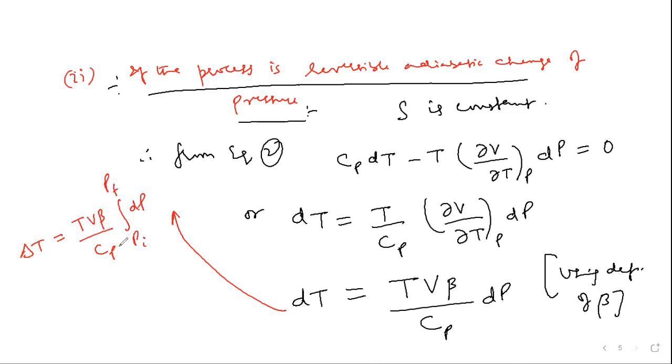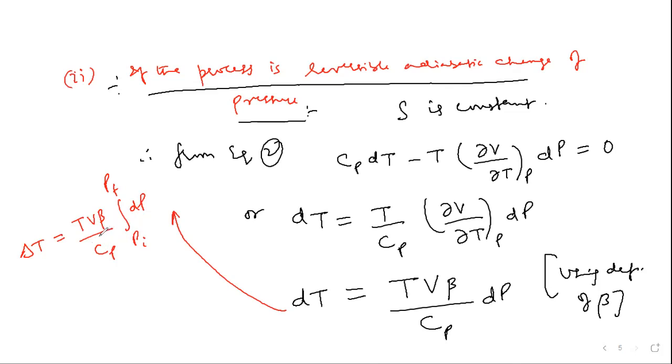We assume T is constant because, sorry, what we're doing, I said the process is a reversible adiabatic change of pressure. So if we increase pressure in a solid or a liquid, it produces only a small change in temperature. So we assume T is constant, and Cp also changes very insignificantly for a solid or a liquid.